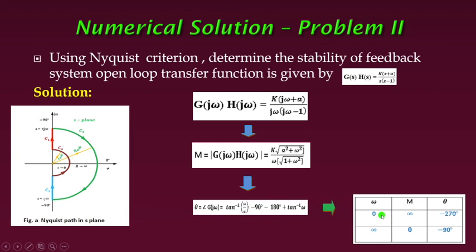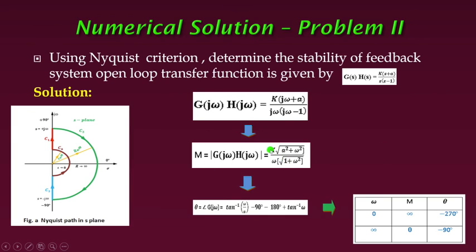The starting point is when omega equal to 0, then the magnitude is infinity and the phase angle is minus 270. Similarly, at the finishing point, when omega equal to infinity, the magnitude is infinity by infinity, undefined.